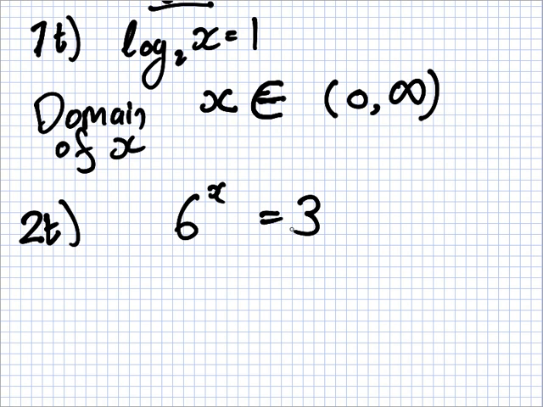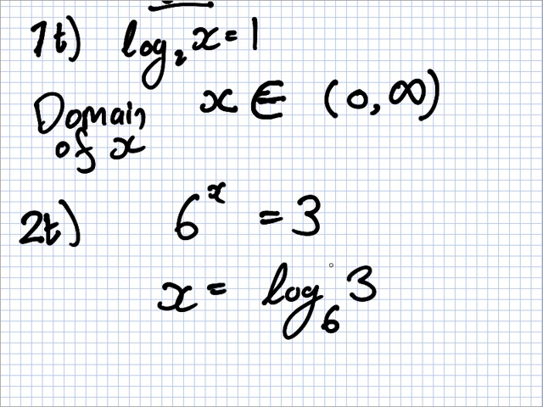If you had a nice Casio calculator, the Casio 991, you can get the answer in one step. What would you type in on the calculator? Log 6, and 3, that's right. Because you're saying, what power do you put on the 6 to make it a 3? And that's this here.